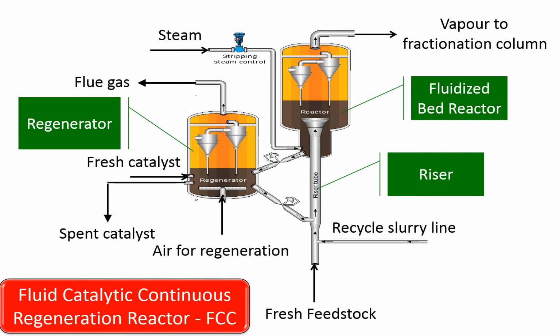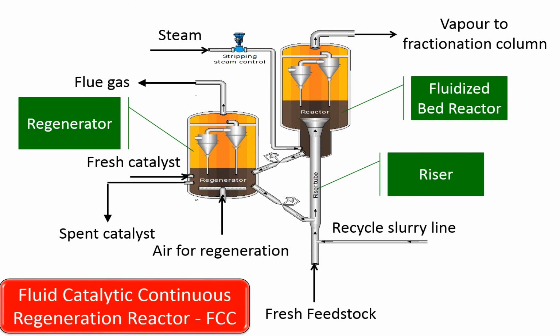Catalytic reaction occurs in the vapor phase. The decrease of density of the gas phase due to cracking and the expanding volume of the vapor that is generated are the main driving force, that is, increase in velocity to carry the catalyst up the riser.